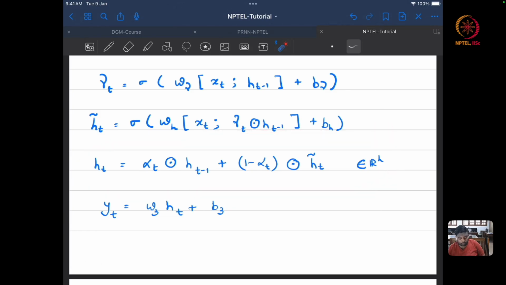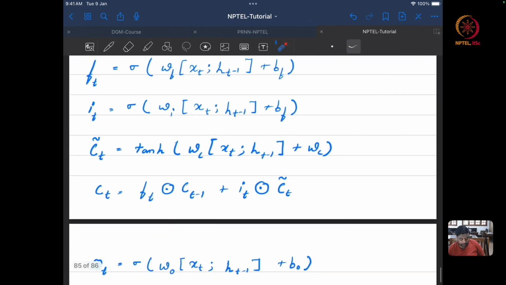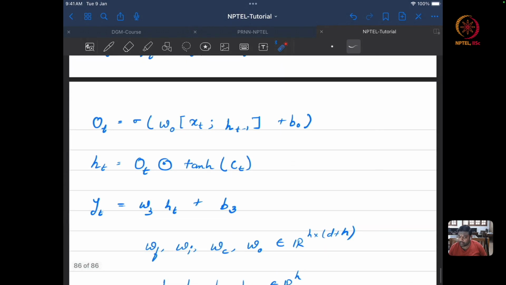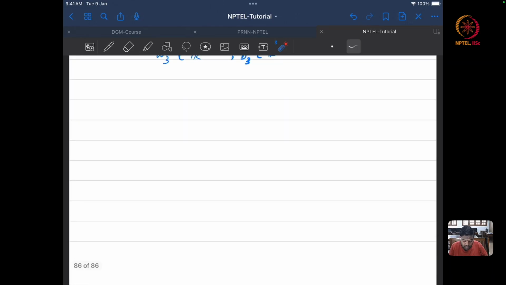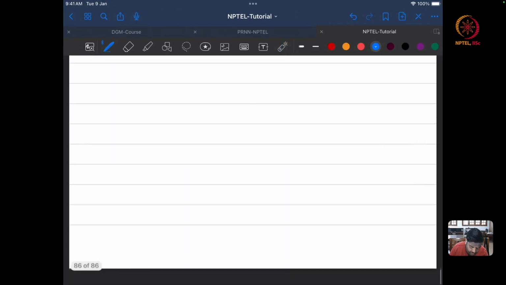Now let's implement these things. We will go ahead with a simple classification. Now the unrolling, let it be any cell.